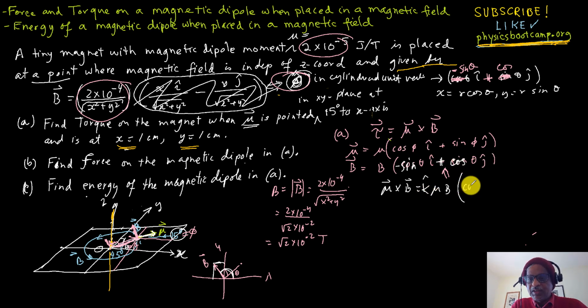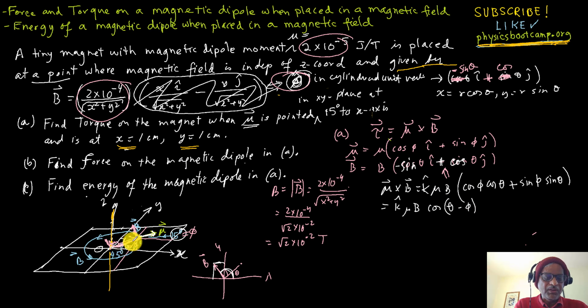It's going to be cosine phi cosine theta, and this will be the same way. j hat cross i hat gives me negative, so it's going to come plus sine phi sine theta, and the other products will be 0. And so this whole thing is k hat mu B cosine of theta minus phi.